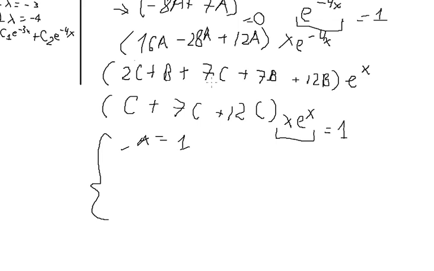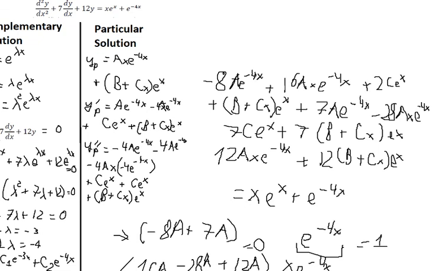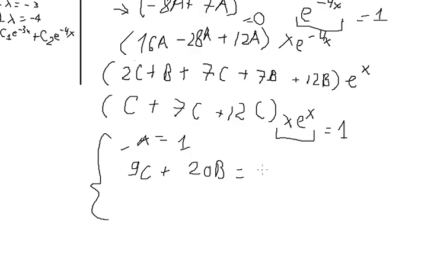This one we have 2c, 7c, and we have 9c plus 20b, and we have e to the power of s. We don't have e to the power of s, that means we have 0 in here. This one we have 20c equals 1. So we have c equals 1 over 20.